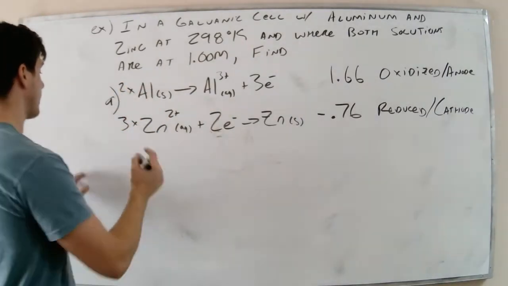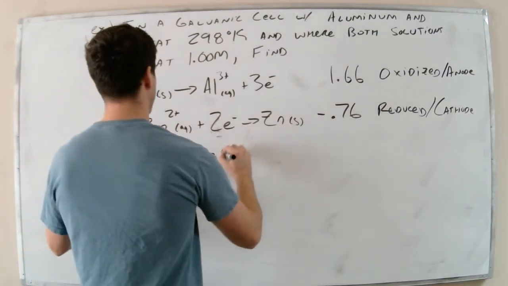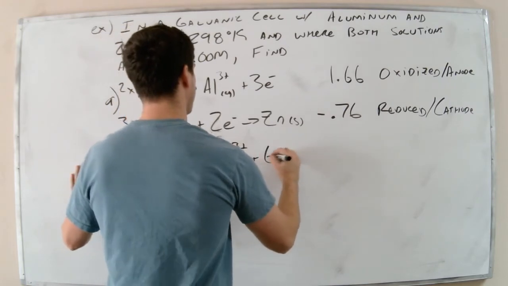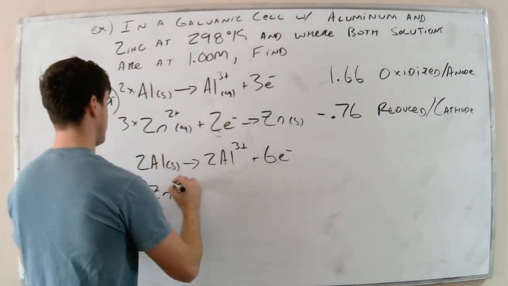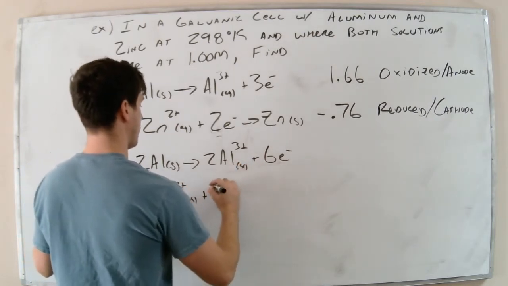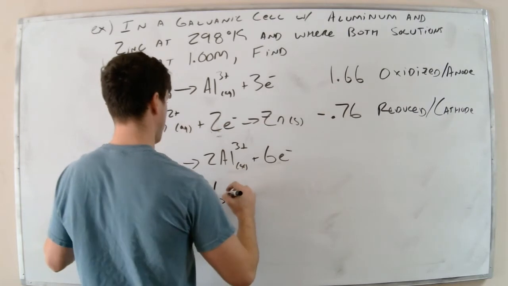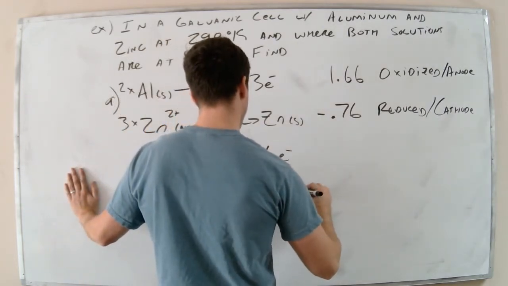So now we're going to have 2Al solid becoming 2Al3+ and 6 electrons. And now we're going to have 3Zn2+ aqueous plus 6 electrons making 3 zinc solid.